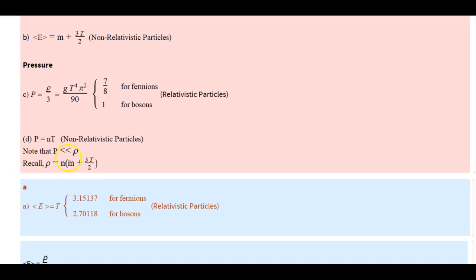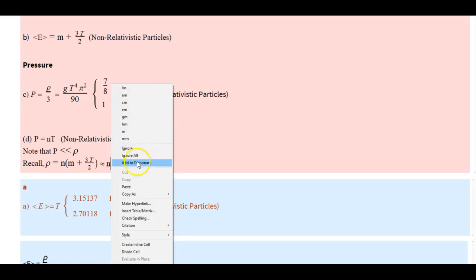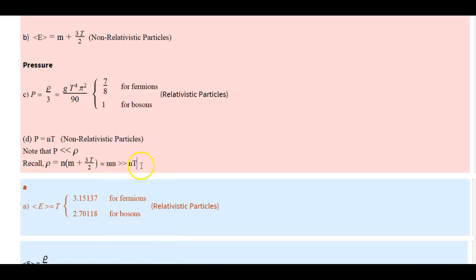So pressure is approximately nT, and the density is nm, and nm is definitely higher than nT in the non-relativistic regime, because the mass is much higher than the temperature.